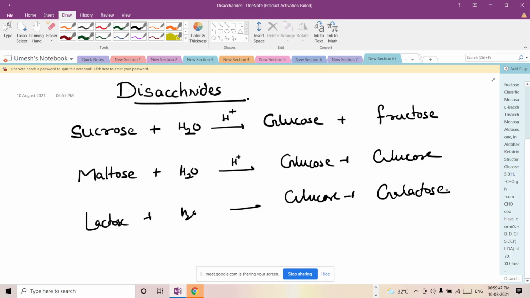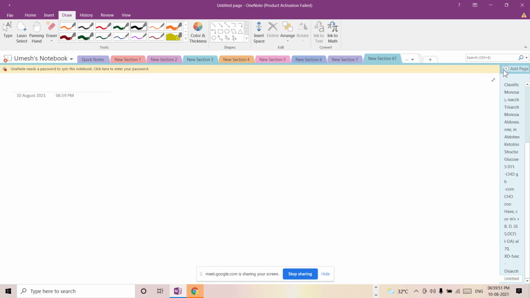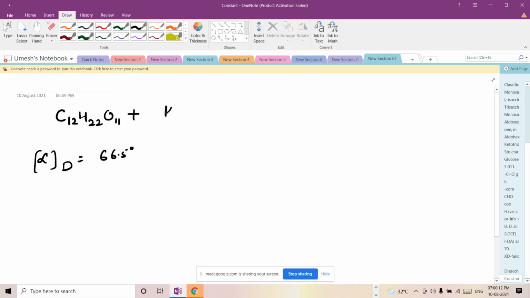Right. So I'll be going step by step. First, I'm going to discuss the sucrose. Sucrose is C12H22O11. This has a specific rotation of +66.5 degrees.